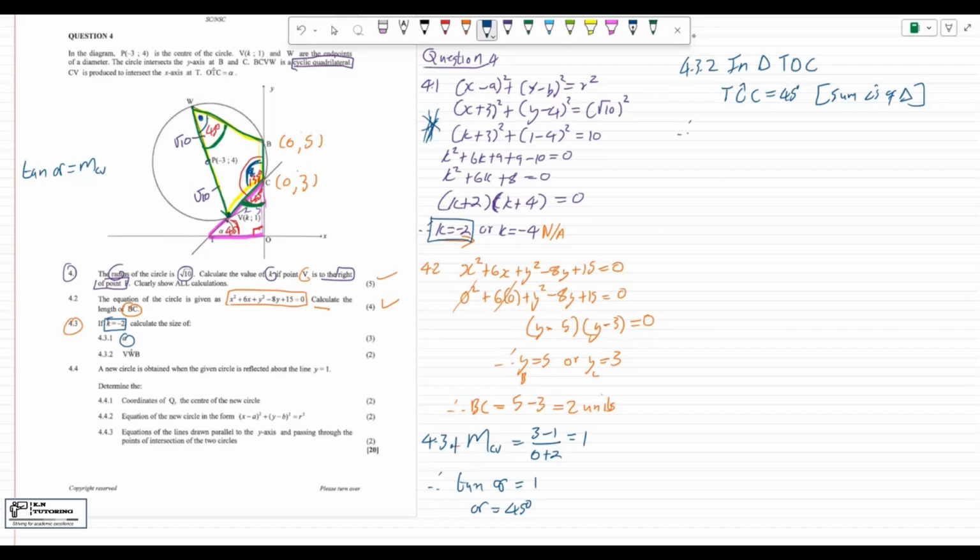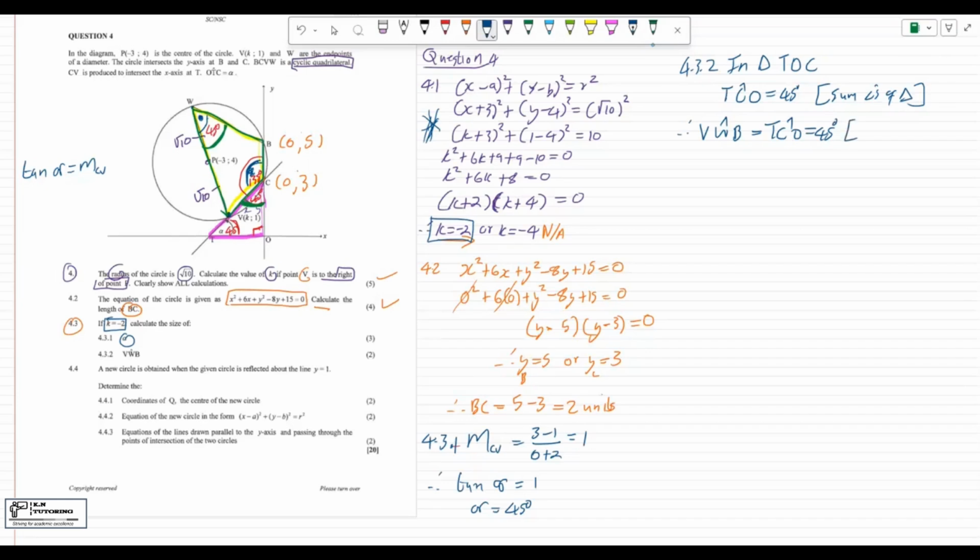And then therefore we can say angle VWB is the same as TCO. What was this? Was this TOC or TCO? So this was TCO, which is equal to 45 degrees.